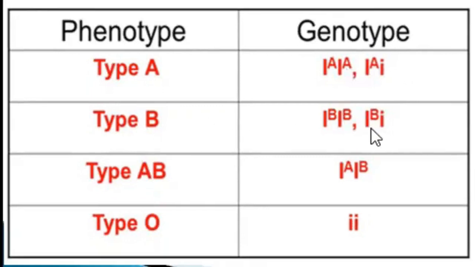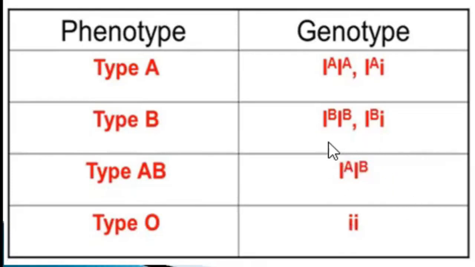Blood group B also has two kinds of genotypes. You have homozygous blood group B, which is the same kind, or heterozygous. Hetero means different. Then you have blood group AB. This one only has one option, which is AB.